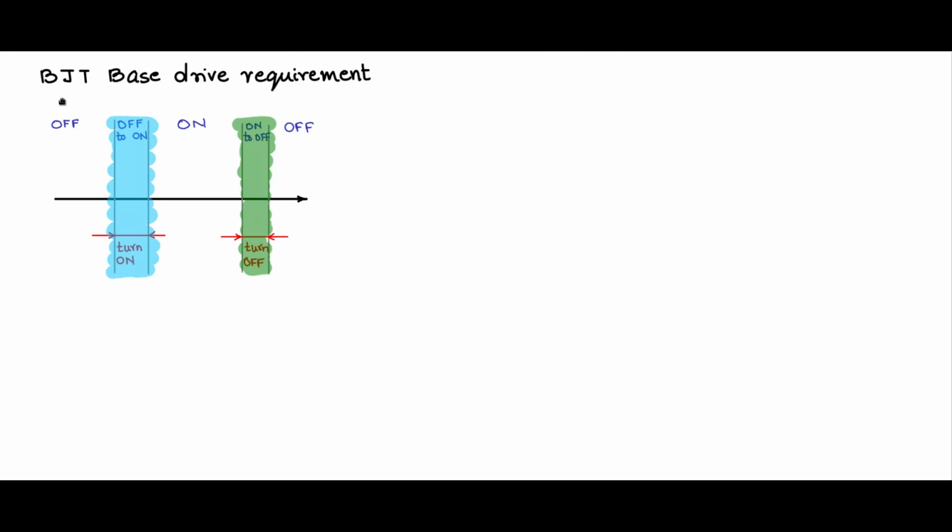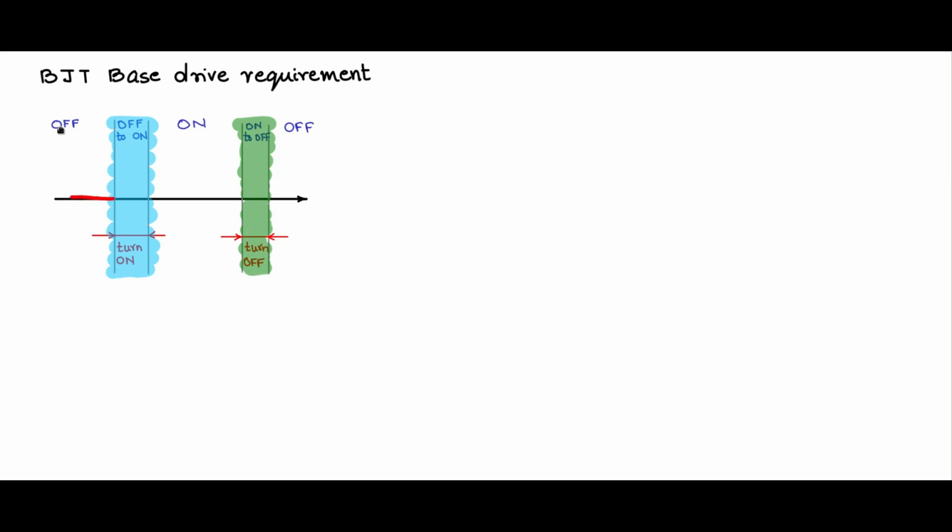Now we can summarize the BJT base drive requirement. Base drive for the BJT means base current, and how should a typical base current be for switching on and switching off the BJT device?